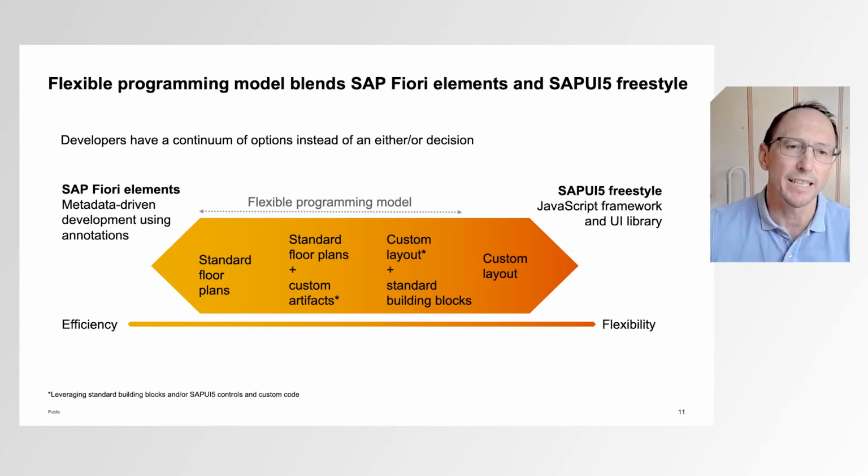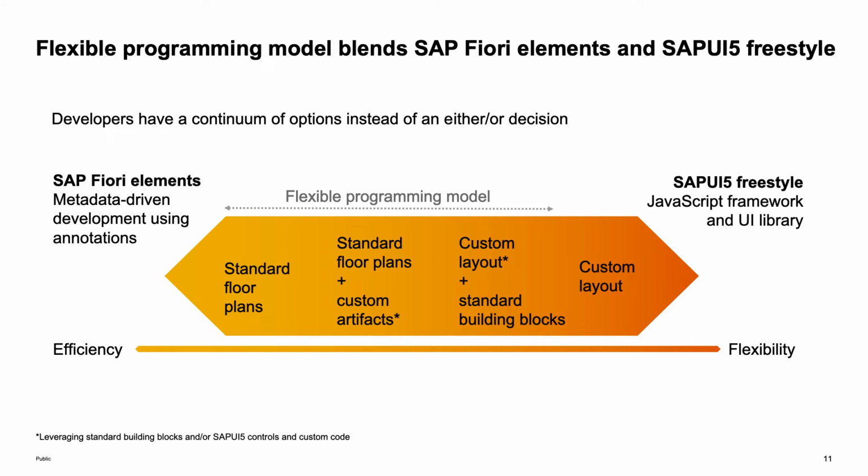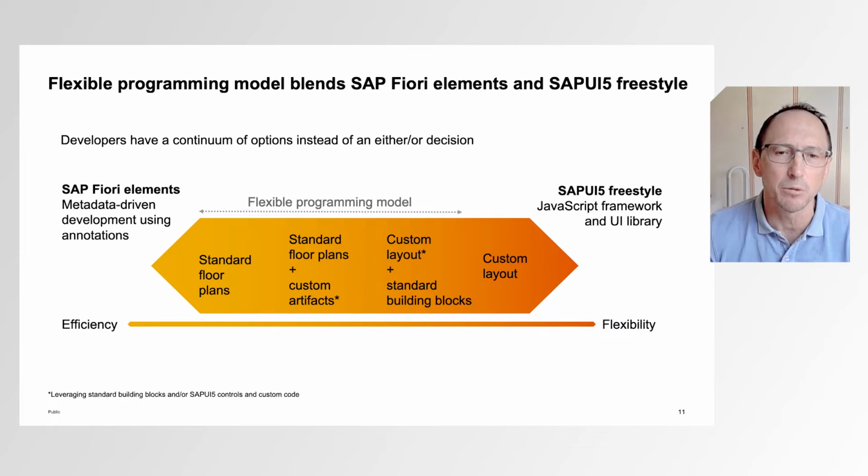You can use SAP Fiori elements and start on the left-hand side with the standard floor plans, enhance them with custom artifacts down to custom layouts. If you start on the right-hand side with SAP UI5 freestyle, you can start with custom layouts, use standard building blocks up to elements of more complex floor plans. So this is now a really cool continuum, but let's directly look into the demo.